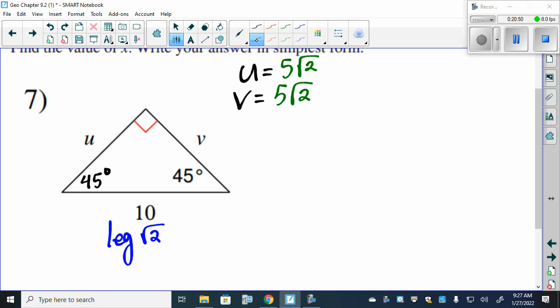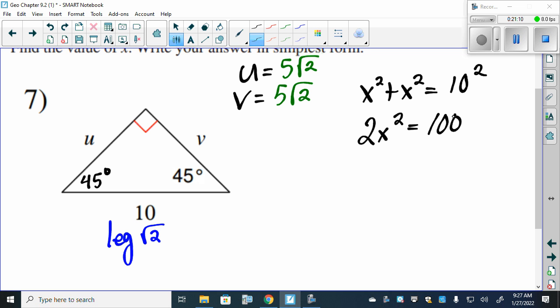Another way we can look at it is, well, I know that u and v are the same using Pythagorean's theorem. So x squared plus x squared is going to equal 10 squared. As we've seen several times already, x squared plus x squared is 2x squared is equal to 100. Well, divide both sides by 2, which tells us x squared is equal to 50.